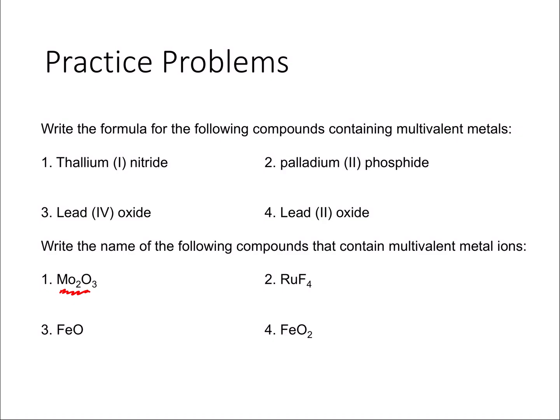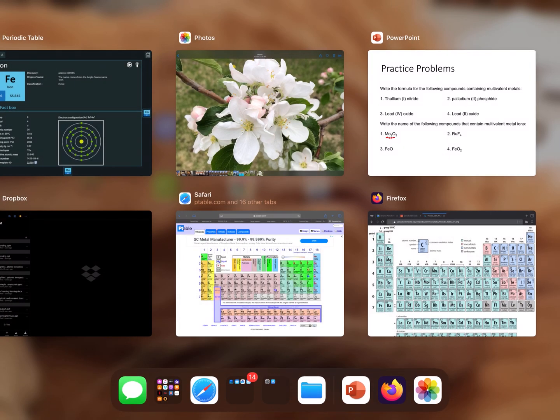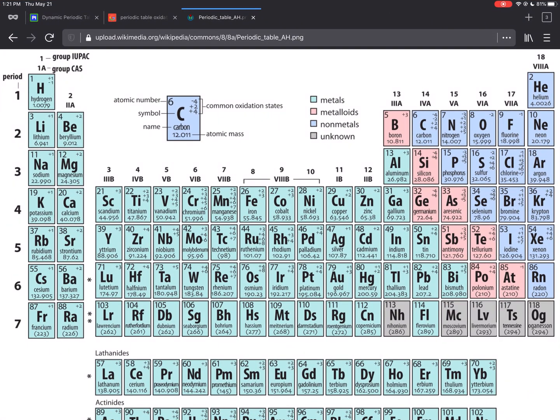Thallium(I) nitride. Nitride's kind of an interesting one. Nitride itself, you're wondering, okay, what's the charge of nitride, right? And if you go to your periodic table and you look at nitrogen, you'll see that there's some interesting oxidation states, -3, and then you see some positives.